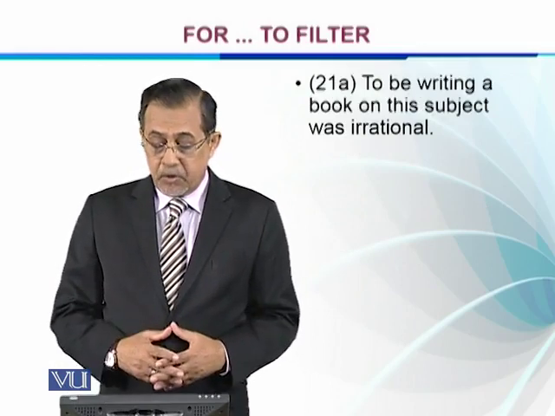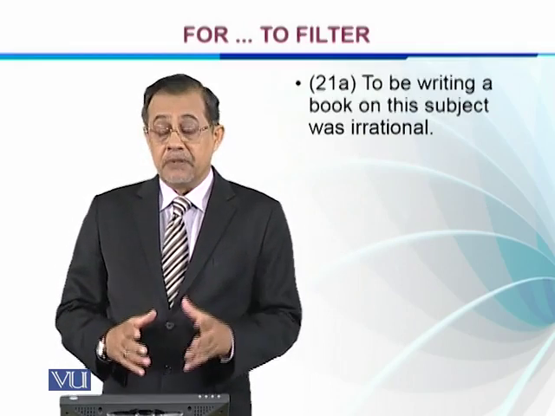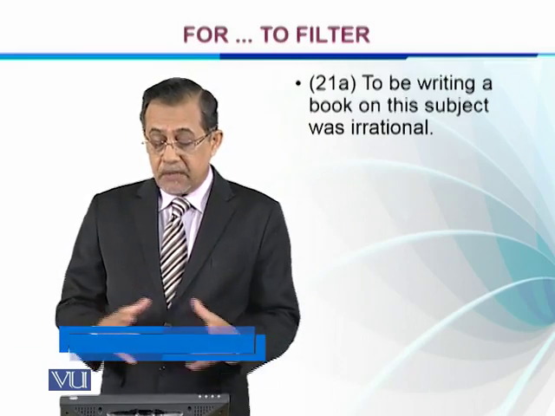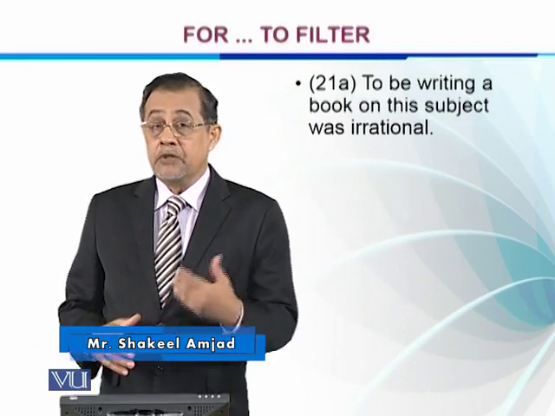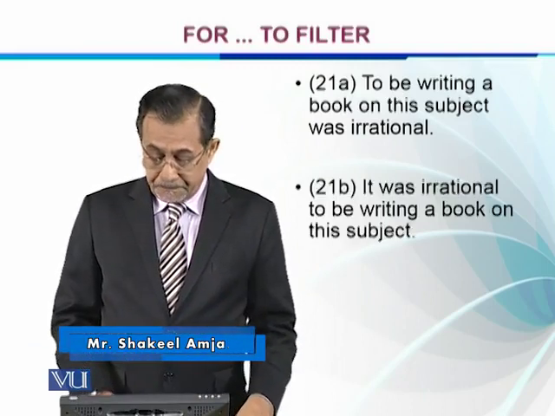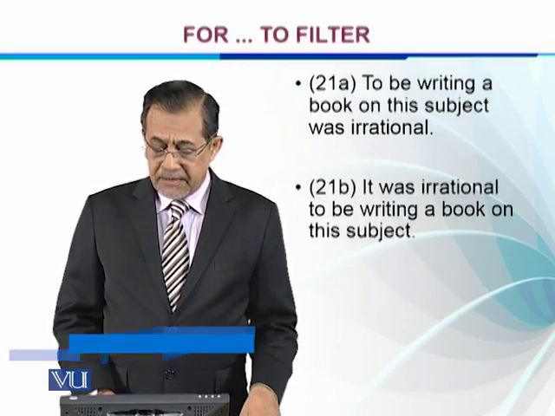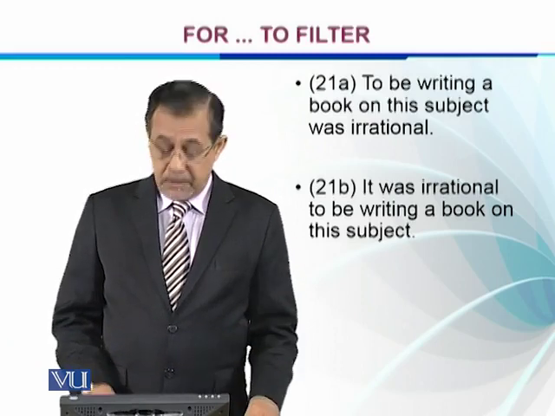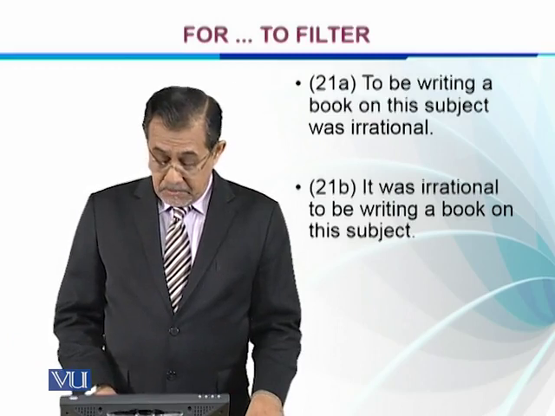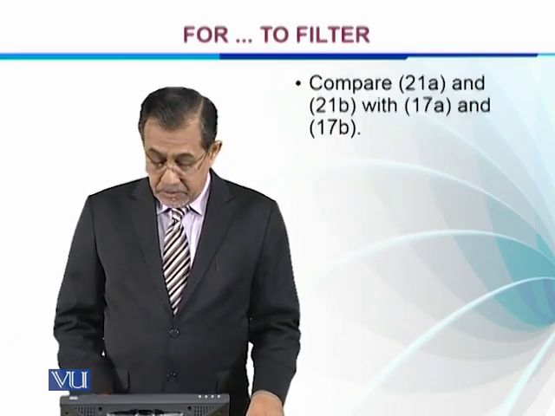To be writing a book on this subject was irrational. So we have "to be writing a book on this subject" as the subject of the sentence, but it's a non-realized subject. It was irrational to be writing a book on this subject. Here we have "it" as subject, but it's non-realized.